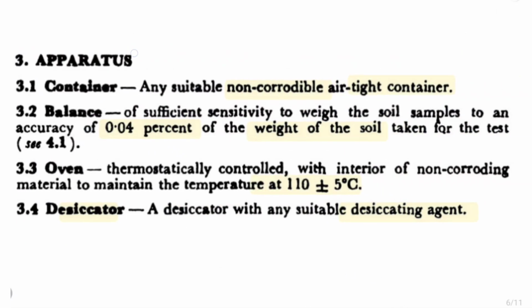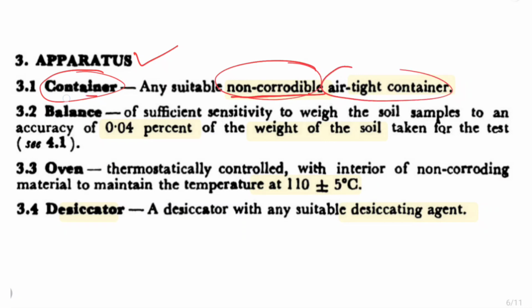For this oven drying method we require the following apparatus. First is a container, which is required in non-corrodible form and airtight. Second is a balance, which is used to measure the weight of soil in different states, and which should have an accuracy of 0.01% of the weight of the soil taken for the test.